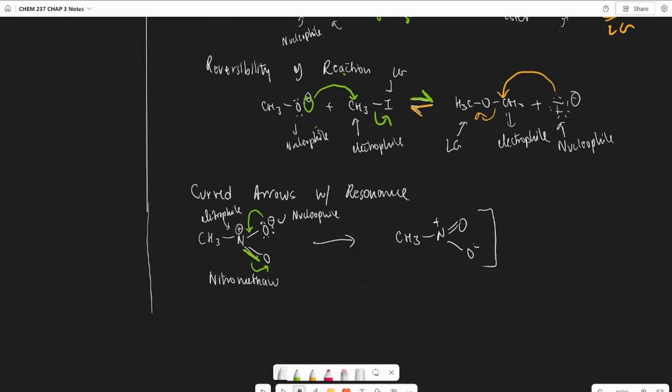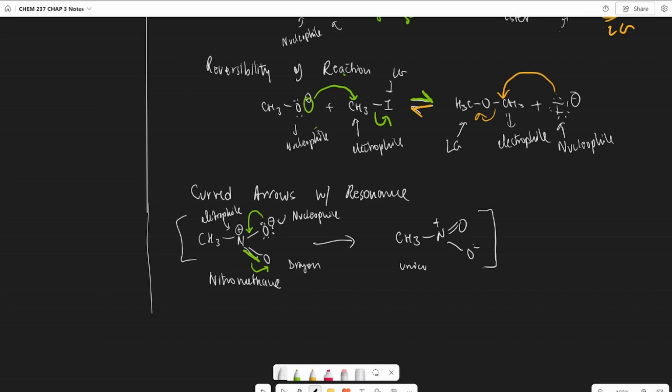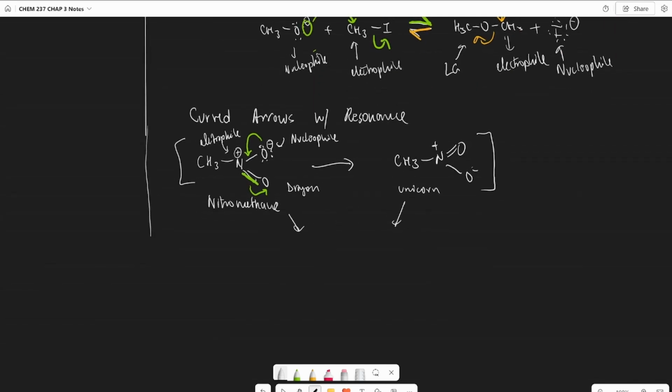But like we covered before, these are both mythical forms, like remember, this is the dragon form, this is the unicorn. The mythical forms. But in actuality, in real life, what you would see is something like this.